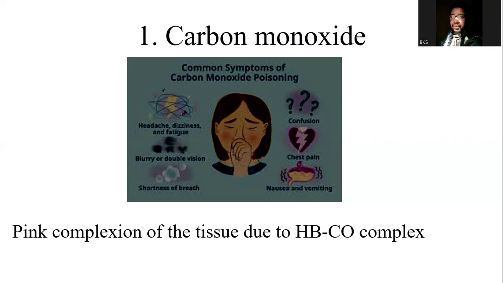For example, confusion, chest pain, nausea, vomiting, headache, dizziness, fatigue, and all these look like something to do with maybe a viral illness, a flu, a stomach problem. It can be migraine, hypoxia, a neurological issue. So maybe easily the doctor will not be able to capture that this could be poisoning. Actually, they can relate it to some certain disease based on the symptoms that have been expressed.